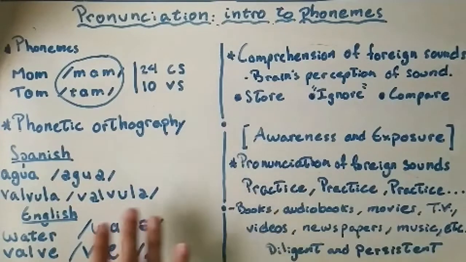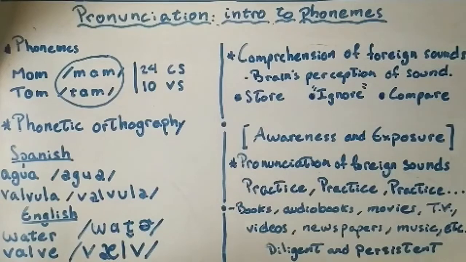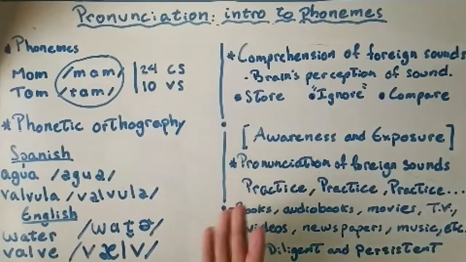So we have a little bit of consistency, if we may, but when we look at valve, we see that these two a letters don't have the same sound, as we have here in water and here in valve. So here the consistency is lost, and while we have the e here and the e here, we have a schwa sound with an r, and here it is a silent letter, so the consistency is completely lost.